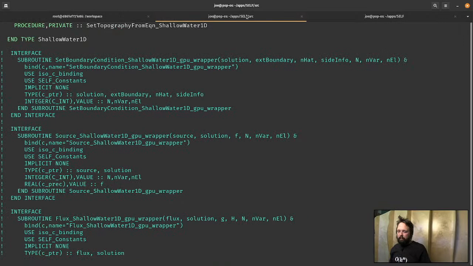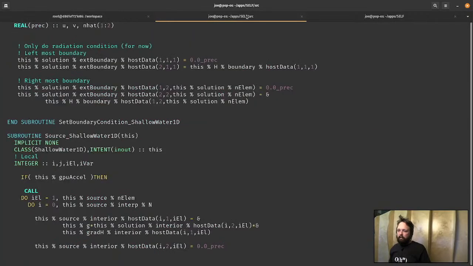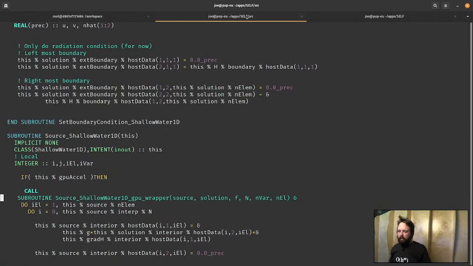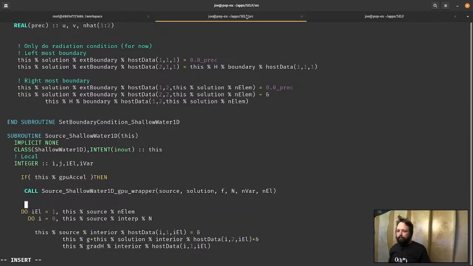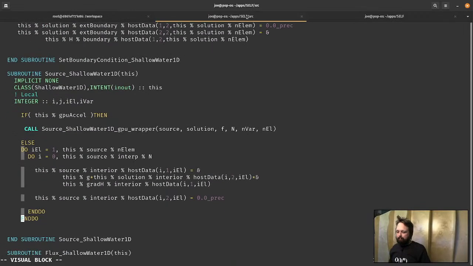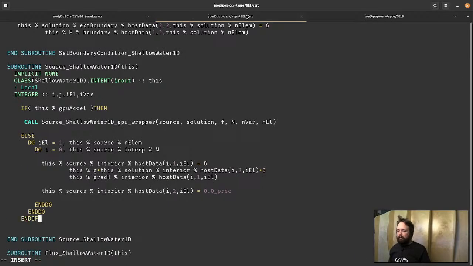So what we want to be able to do is call this interface function. There we go. We want to call that guy. And I'll show you how to define this function here in a minute if we're GPU accelerated. Otherwise, we'll go ahead and execute this loop on the CPU side. Okay, so that's what we want to have happen.